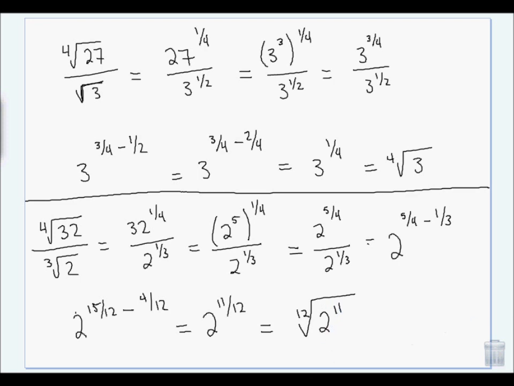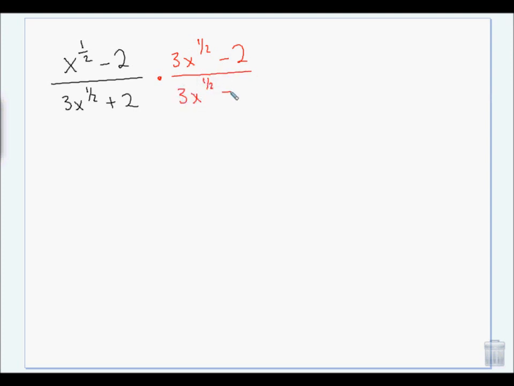Conjugates, I have the conjugate of this is going to be 3x to the 1/2 minus 2. So it's the same idea as what you've been doing. So if I FOIL this out, I get 3x to the 2/2, right?